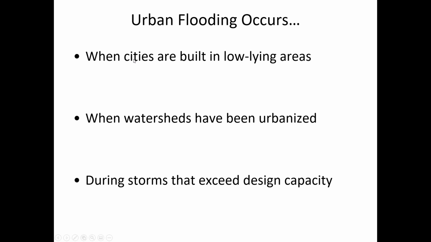It happens when cities are built in the wrong place, when watersheds have been changed through urbanization, and then it happens just when there's really big storms. That's when you've got flooding in cities. And I guess maybe there are some other reasons, you know, if there's a tsunami or pipe breaks. But most of the time, I think we could probably fit examples of urban flooding into these three buckets.